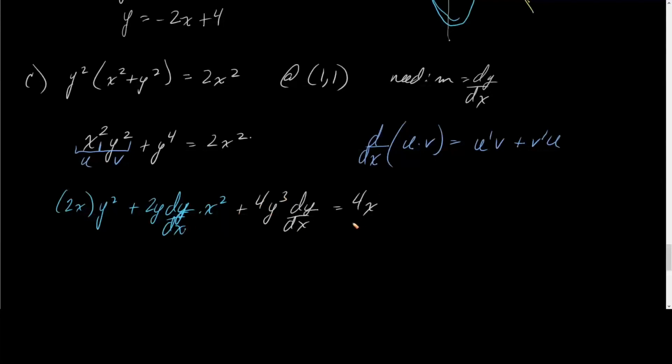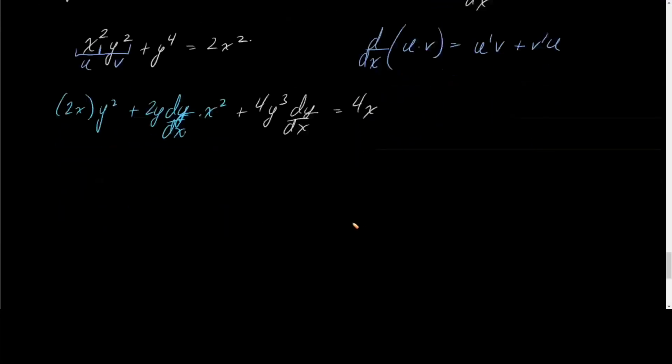is equal to 4x. All right. Next thing that I'm going to do is, I see that we've got dy/dx in those two places, so I'm going to factor out a dy/dx. If I factor out a dy/dx out of here, I'm left with 2x squared y, right? We like to put them in alphabetical order.